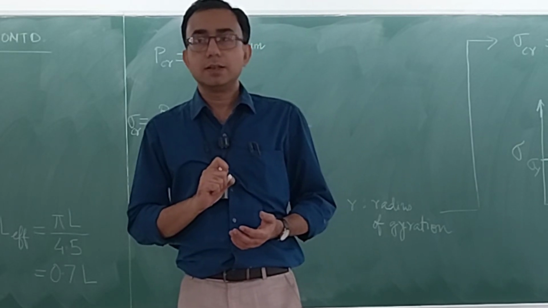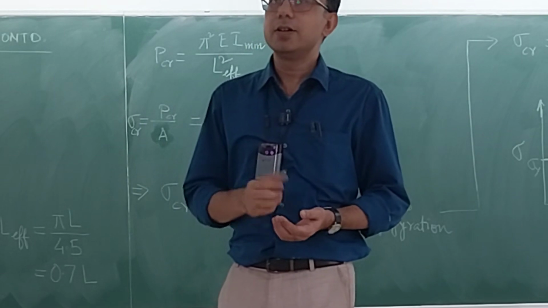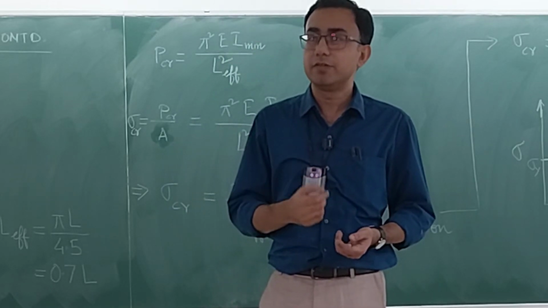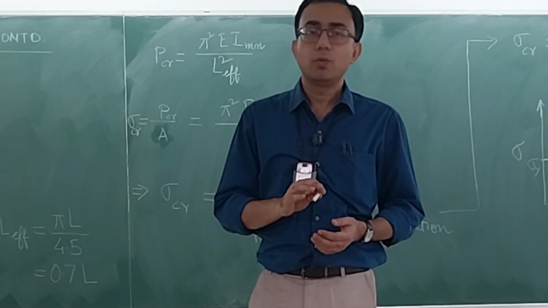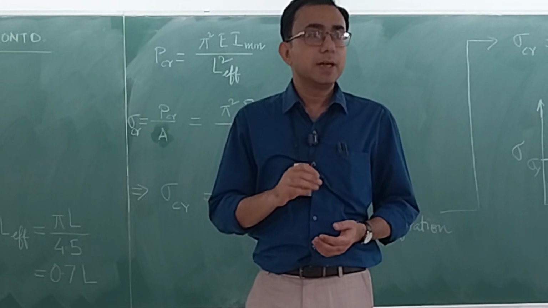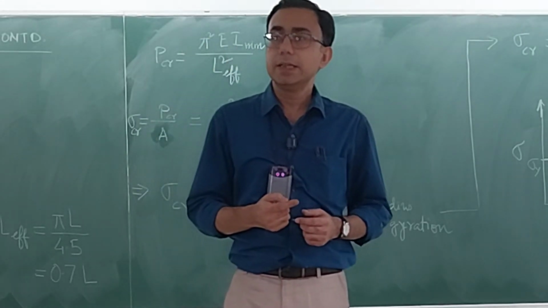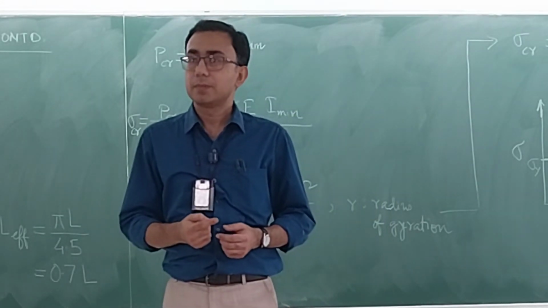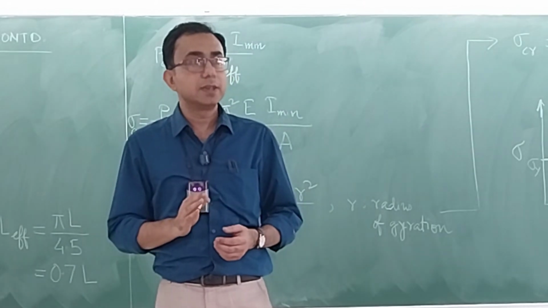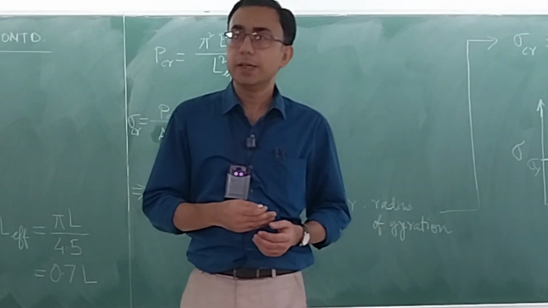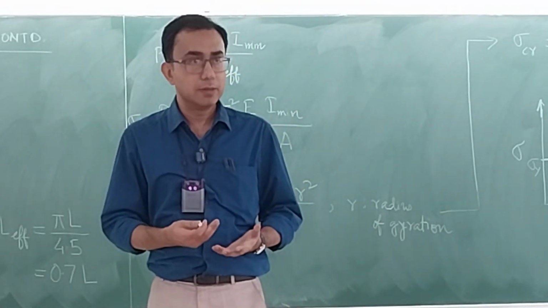Now the thing is that in reality capturing this P critical experimentally is extremely difficult. So maths is okay, but capturing it experimentally is very difficult. So we go about doing it in a very indirect way. That method is a very classical method, first found out, I think, in the early decades of the 20th century by somebody called Southwell.